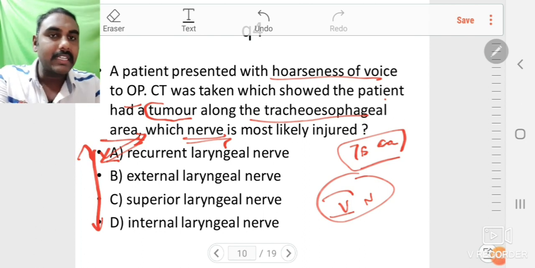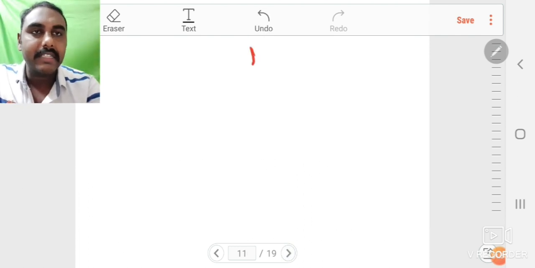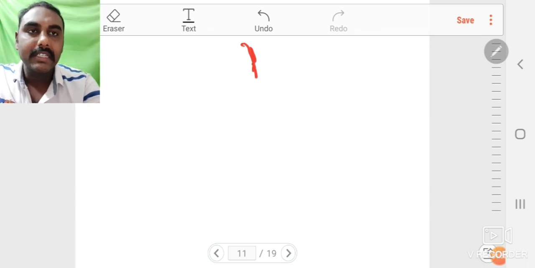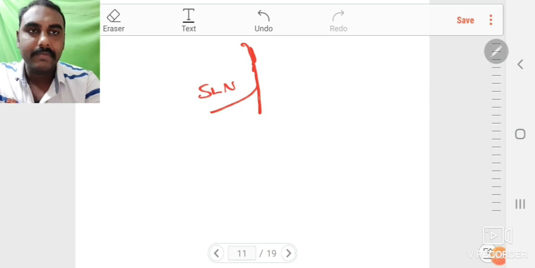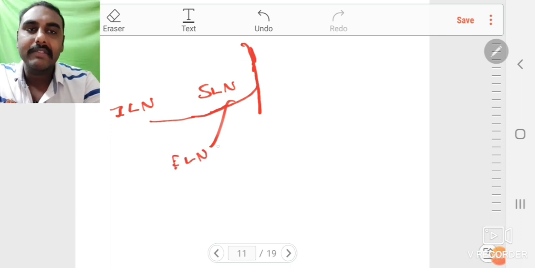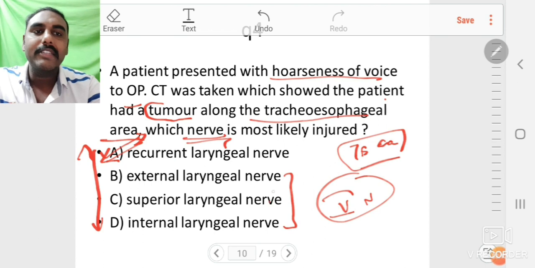So what are the other nerves where it runs? The vagus nerve comes from the jugular foramen, along with the nucleus ambiguus. It comes down and gives a branch, which is the superior laryngeal nerve. The superior laryngeal nerve further divides into the internal laryngeal nerve and the external laryngeal nerve. So these two are branches of the superior laryngeal nerve.